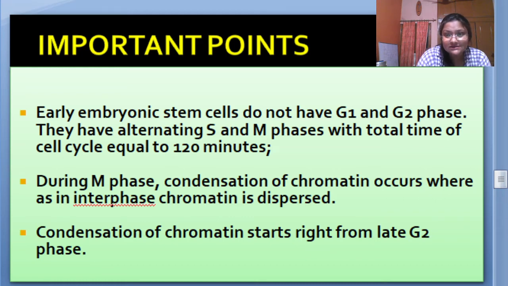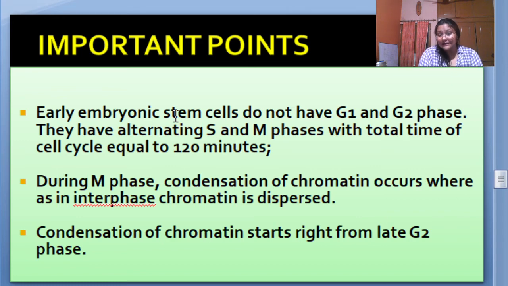Now let us discuss some important points. We know early embryonic cells, like the zygote: once a zygote is formed after the fusion of sperm and ovum, the zygote does not increase in size. It undergoes one division, forms an embryo, then other divisions also.